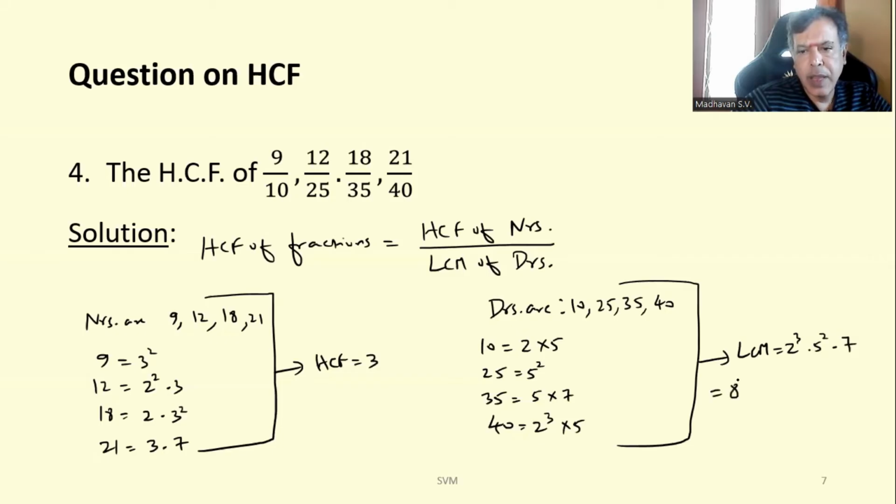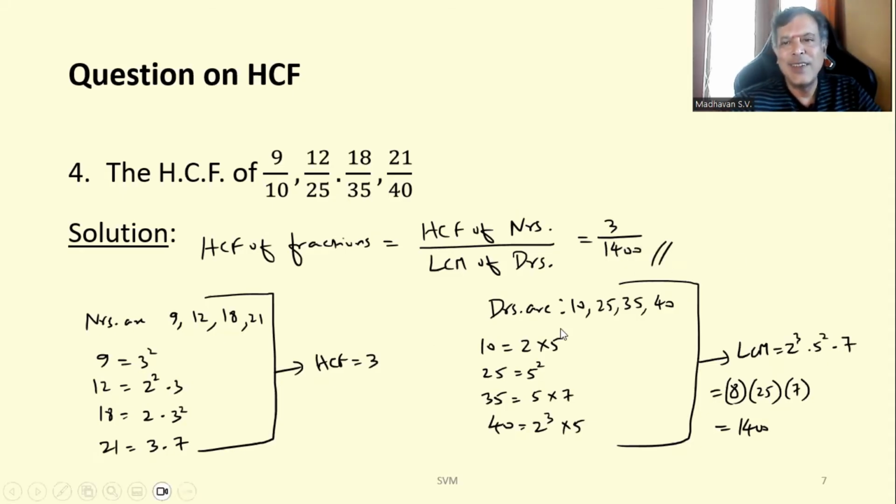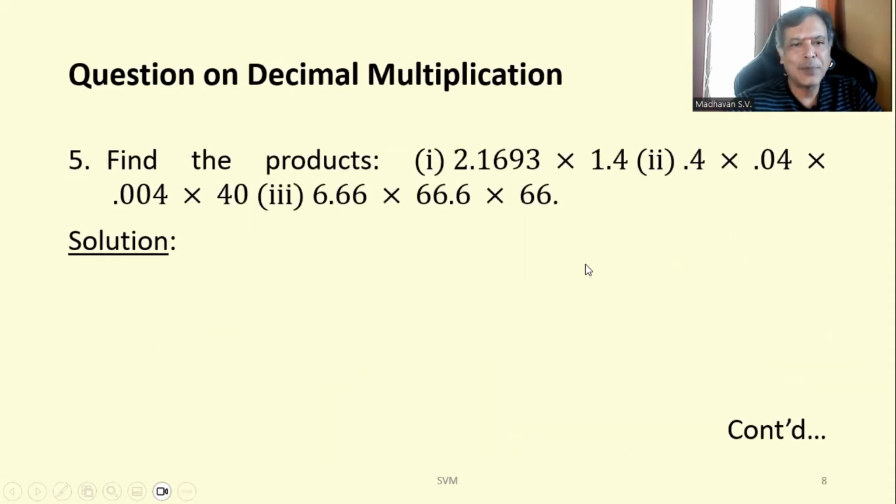So 2 cube is 8, 5 square is 25, and multiplied by 7. If we multiply these, 8 into 25 is 200, 200 into 7 is 1400. Therefore, the HCF of these fractions will be 3 divided by 1400. That is the result. Let us move on to the next question.